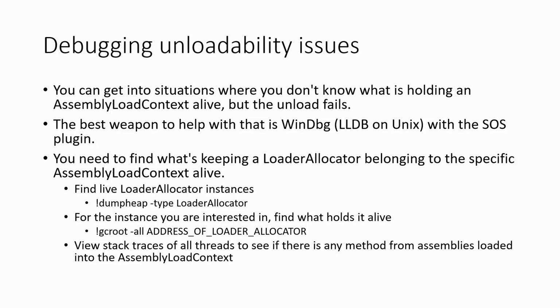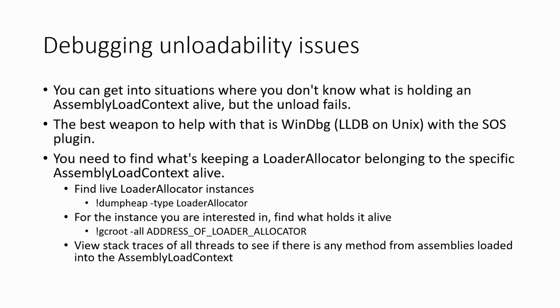And then for the one that you are interested in, you run the gcroot -all command with the address of the loader allocator, and it will show you the reference chain going from some local or pinned handle or whatever, a register, that holds it alive, and then you have to look back and figure out where it came from.